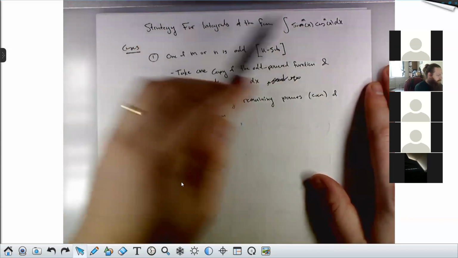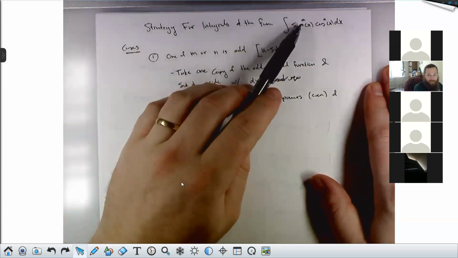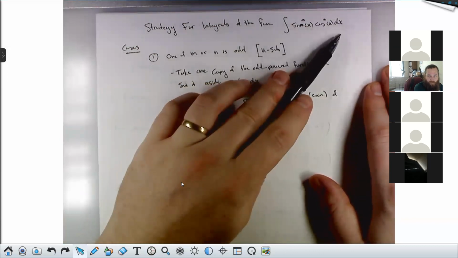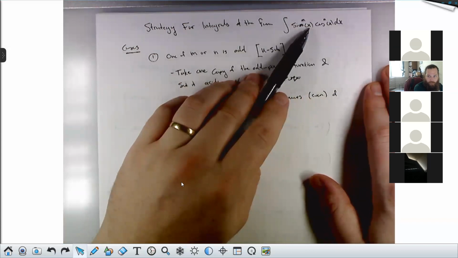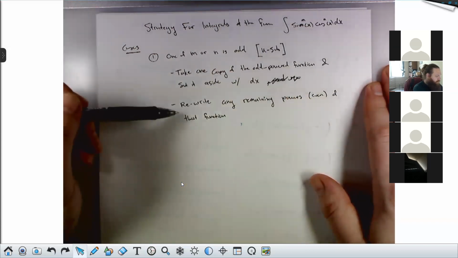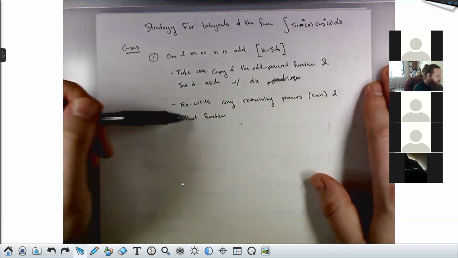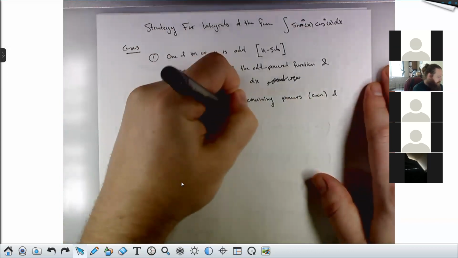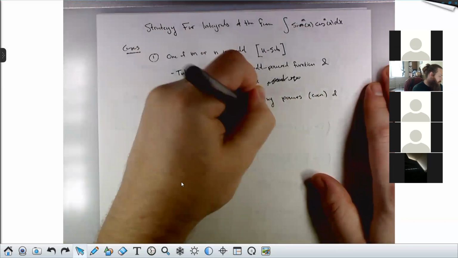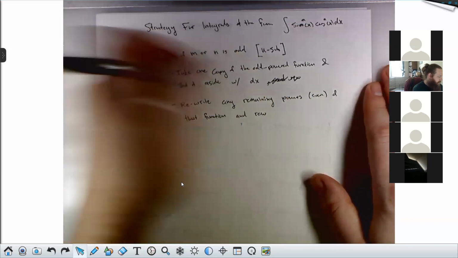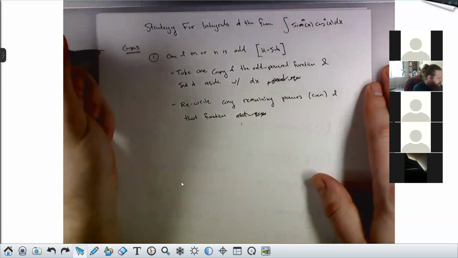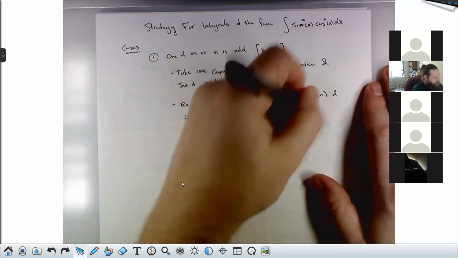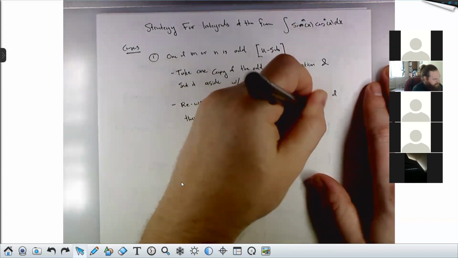So, right, if sine was the odd powered function, you would like sine to the 5. You would take one copy of sine and set it over with dx, and that would leave sine to the 4 left. You will take those remaining powers of that function, sine to the 4, and rewrite it, rewriting remaining powers of that function using the Pythagorean identities.